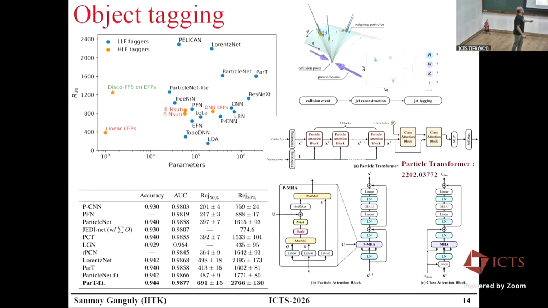People were asking, look, if I have some energy deposits on the surface of a calorimeter, and I throw it to a neural network, can I classify all this? All such classes of networks which are popular in high energy physics are exactly for the jet tagging class. And I want to clarify that when I say jet tagging, tagging is a downstream labeling task. You can use similar kinds of architectures, neural networks, for some regression task as well.